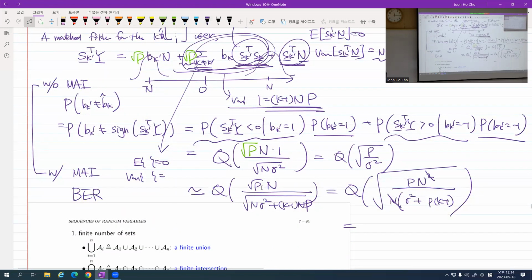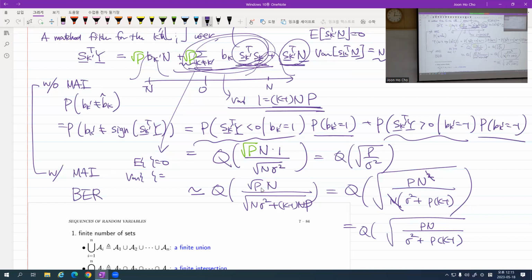Just a second. Just a second. I believe I'm correct. Yeah. So you have square root of Pn divided by sigma square plus Pk minus 1, something like that.